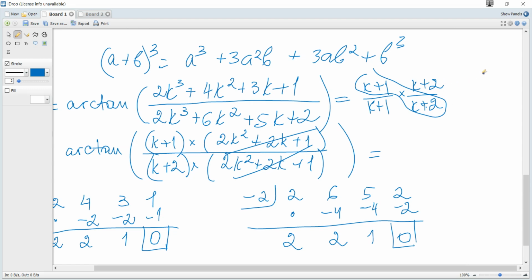Then you multiply k plus 2 by this polynomial and k plus 1 by this polynomial, and you get equal results, and the remainder terms will cancel.